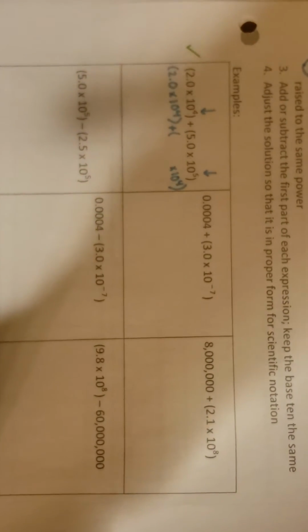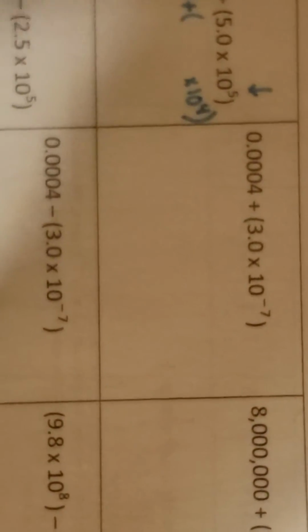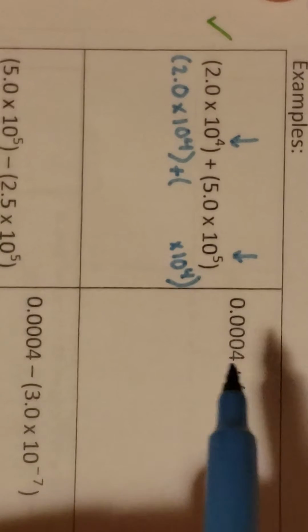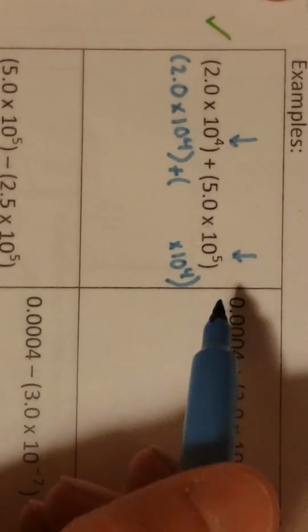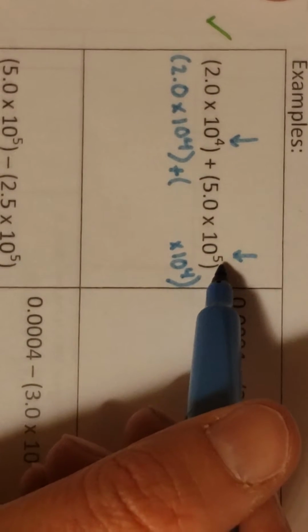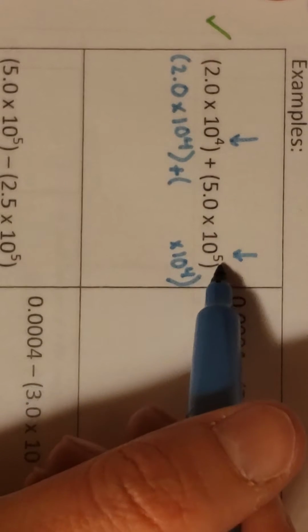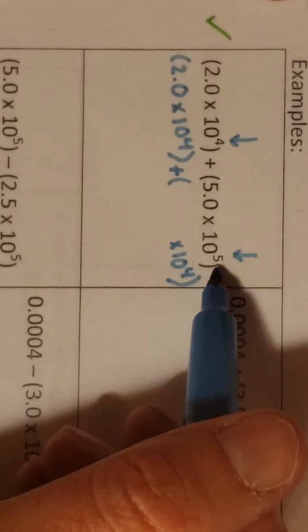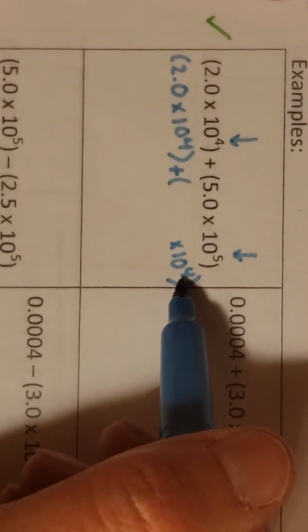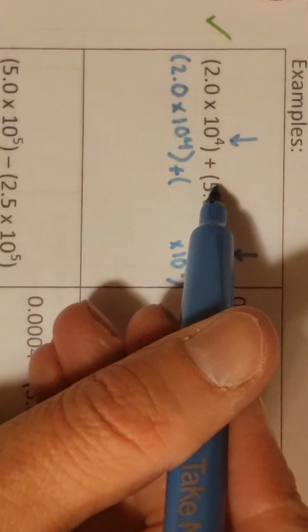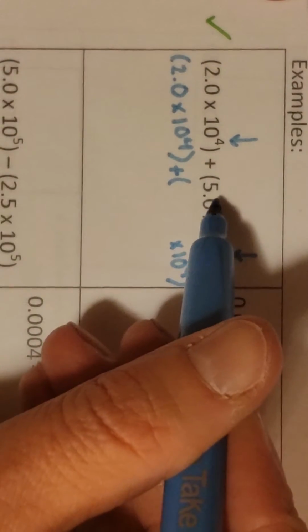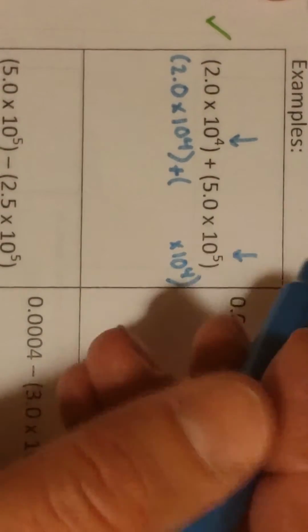I'm going to zoom in because this gets awfully tiny. Okay. And then to adjust this, I need to consider if I am going from 5 to 4, am I increasing or decreasing by a power of 10? Well, 5 to 4 is a decrease, so I'll do the opposite on the left side. The opposite of a decrease is an increase by 1 power of 10.